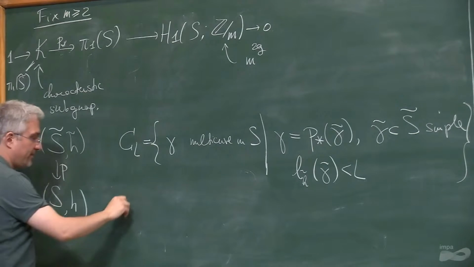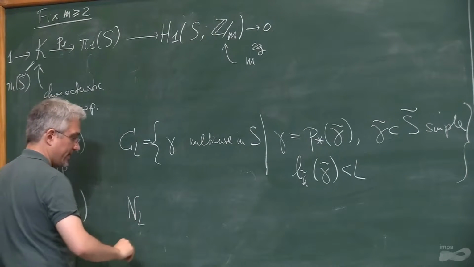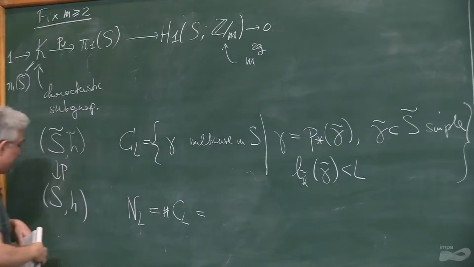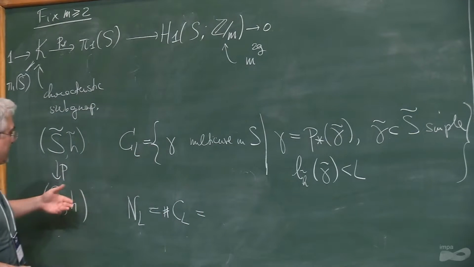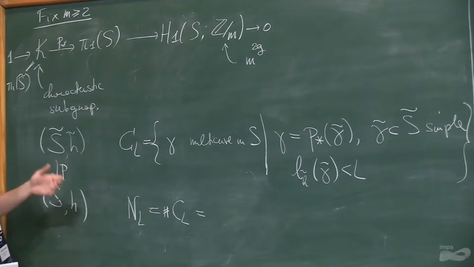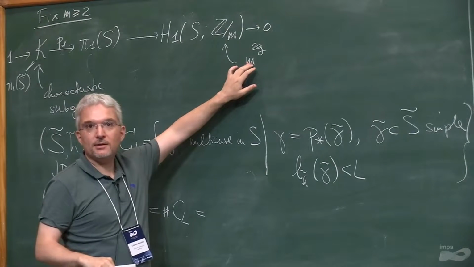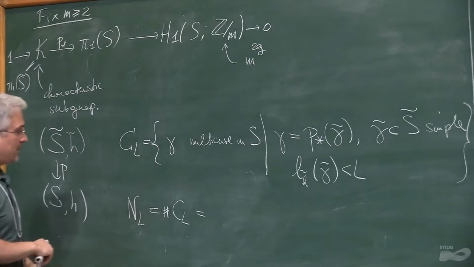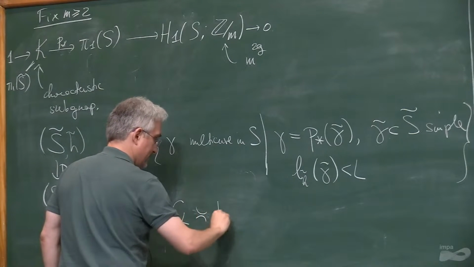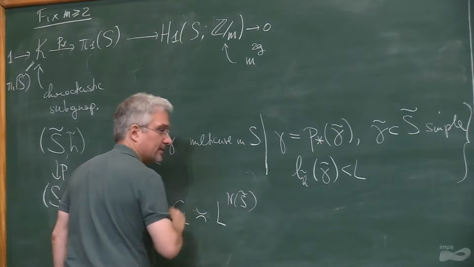Okay, so now if you try and count this number of curves, the number of curves that give the same curve downstairs can be at most the degree of this cover. So actually you get something that goes more or less as L to the n of S tilde.